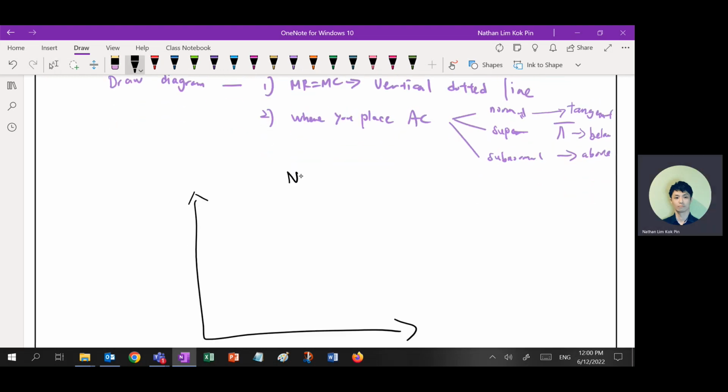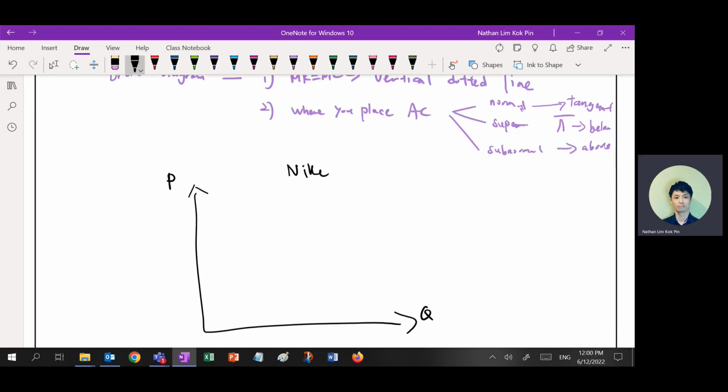Take Nike, for example. You have to put a market structure, right? Put a price here, put a quantity here. The demand curve for this type of diagram will be elastic. Why elastic?